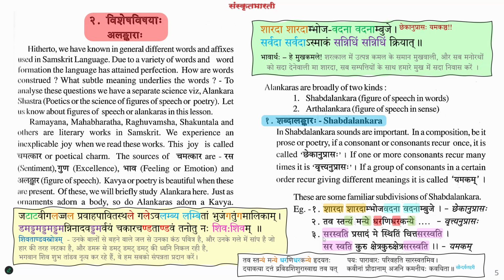Then, Saraswati Prasadam me sthitim chitta Saraswati Saraswati, Kuru Kshetra, Kurukshetra Saraswati. I have missed out highlighting it. There is one more alankara there: Yamaka. This Yamaka is when different meanings come. Here they have shown it directly by splitting.